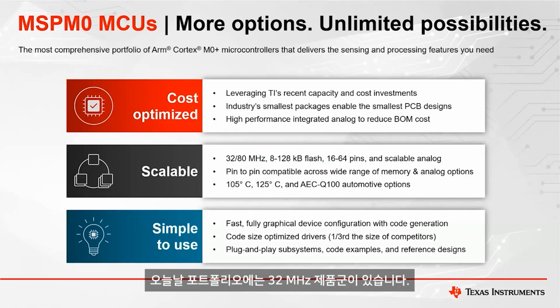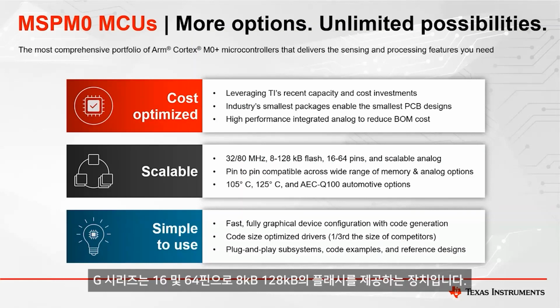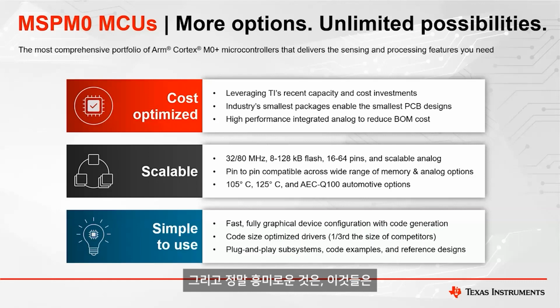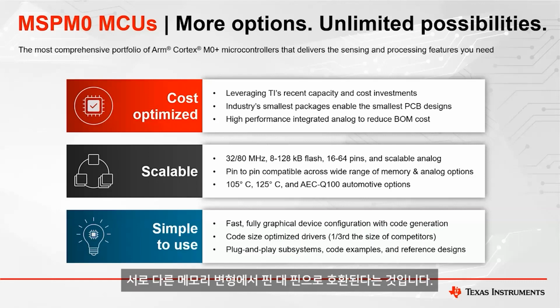In our portfolio today, we have the 32 megahertz family, which is our L series, and our 80 megahertz family, which is G series, with devices from 8 kilobytes to 128 kilobytes of flash, with 16 to 64 pins. And what's also really exciting is that these are pin-to-pin compatible across the different memory variants.